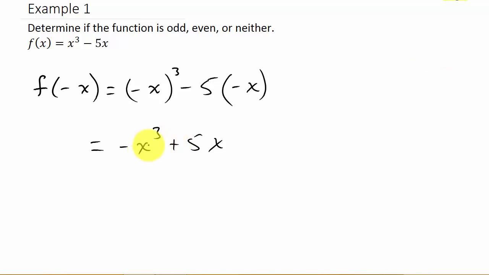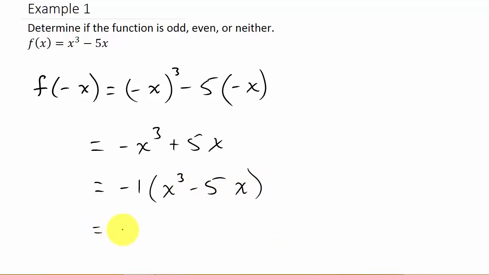Now you can see that when we plug the negative x in, we do not end up with what we started with. But on the next step, we're going to factor out a negative 1. So that's negative 1 times, and when we factor out a negative 1, it just changes the sign in front of each term.